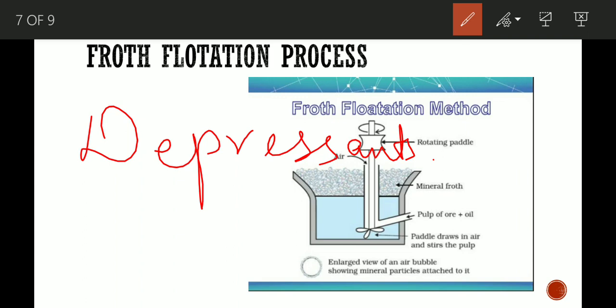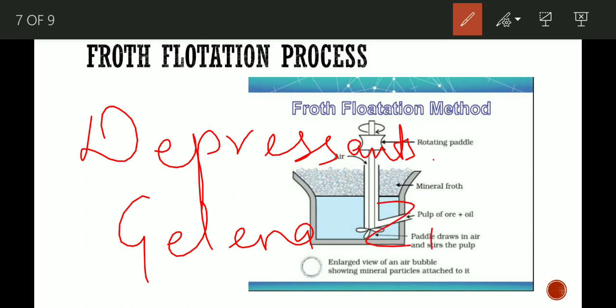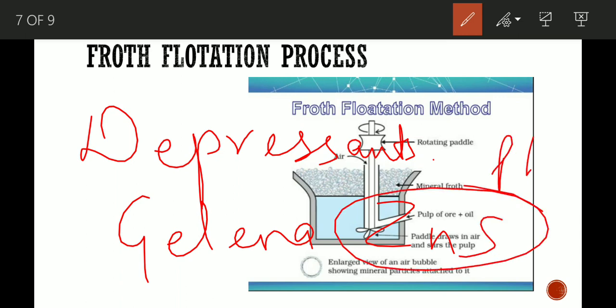For example, galena contains a good quantity of zinc sulfide with lead sulfide. Now NaCN, which is sodium cyanide, is used to convert most of the zinc sulfide into water soluble complexes.